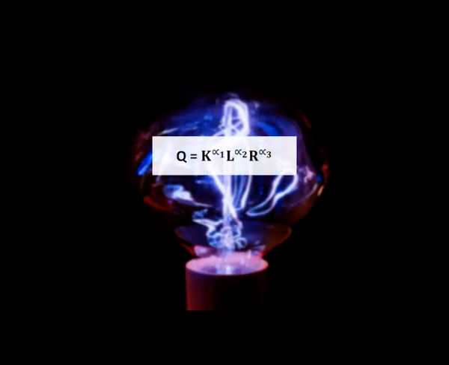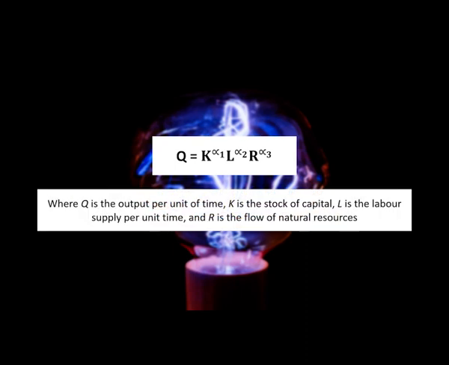Consider a conventional production function like the Cobb-Douglas production function involving three inputs: capital, labor and natural resource. Here, Q equals K^α1 L^α1 R^α2, where Q is the output per unit of time, K is the stock of capital, L is the labor supply per unit time, and R is the flow of natural resource.